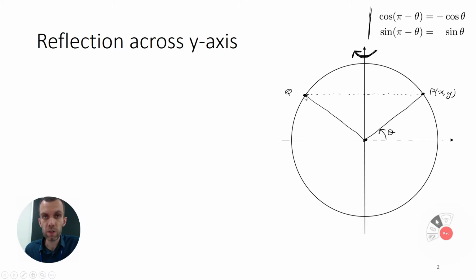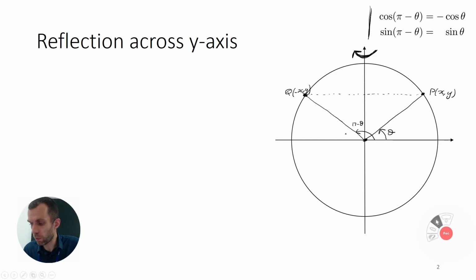And if you look at this for a little bit, you'll see, and this is not so difficult, that as far as the coordinates of Q go, this point has coordinates minus x, y. And angle-wise, this angle right here is nothing but pi minus theta.